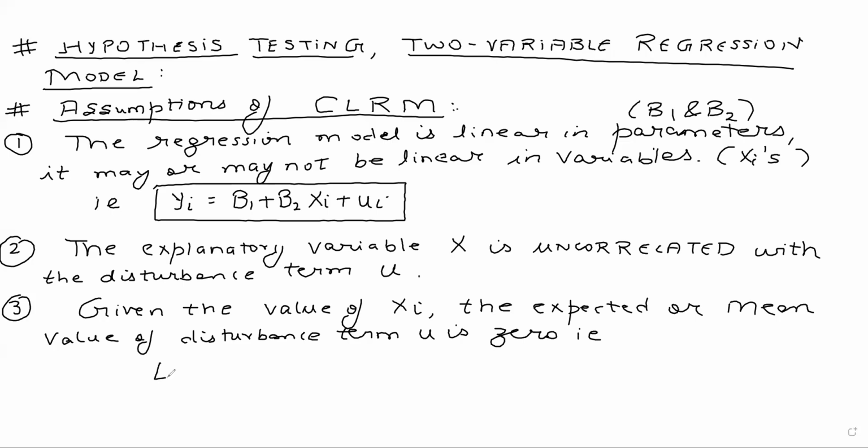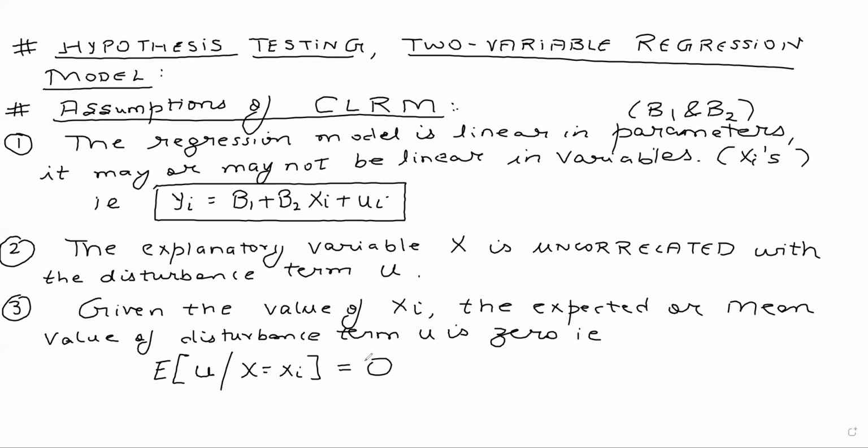This means the expected value of the disturbance term given the value x equal to xi is equal to 0. We had done this particular assumption in our lectures of linear regression. We had said that the disturbance term will sometimes take positive values, sometimes it will take negative values. So on an average, the positive and the negative values will cancel out each other, leaving the expected value of u equal to 0.